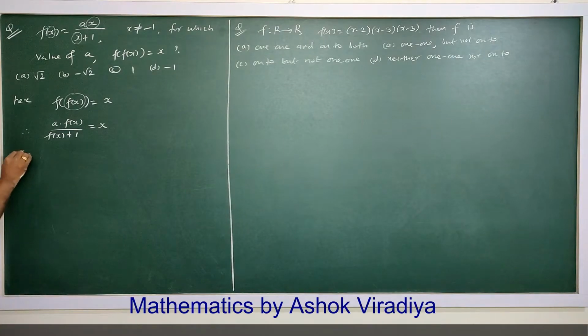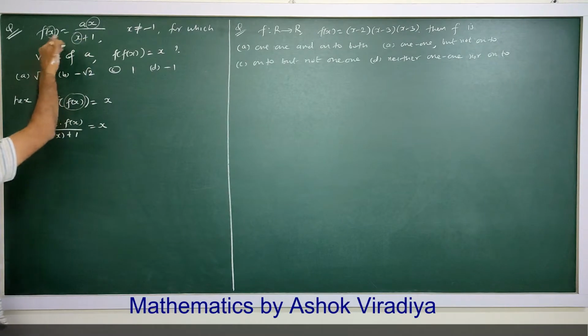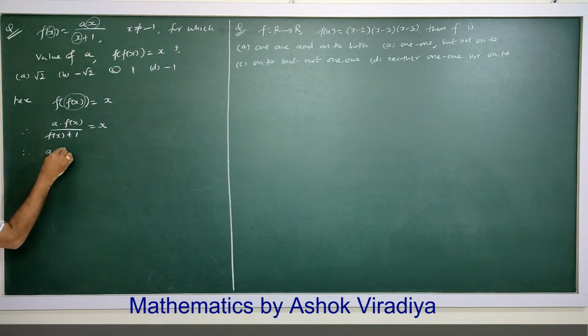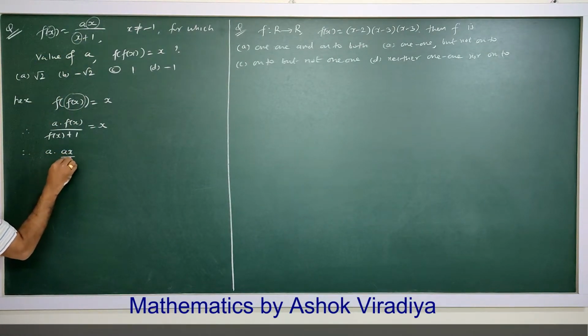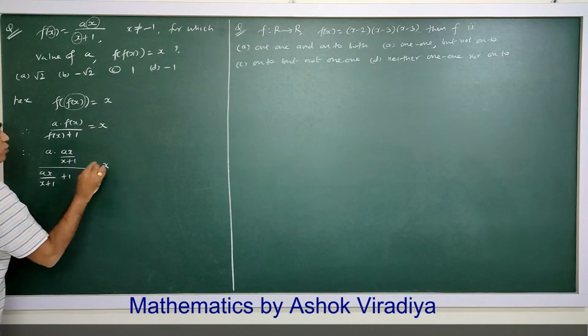Now I put in the value of f(x), the original value: a times (ax / (x + 1)) upon (ax / (x + 1)) plus 1 equals x.